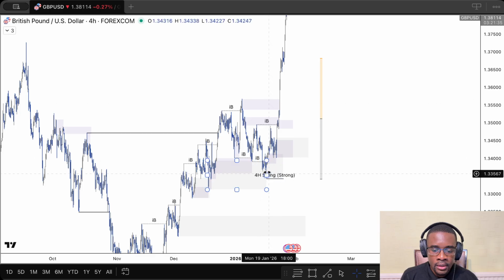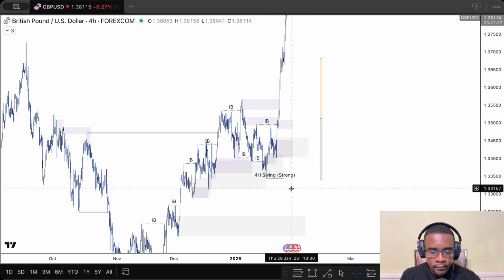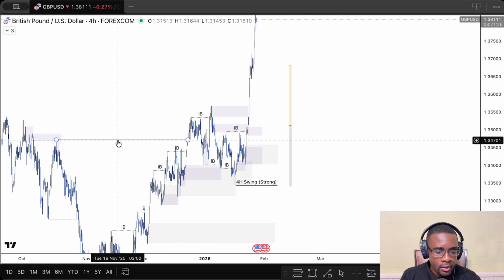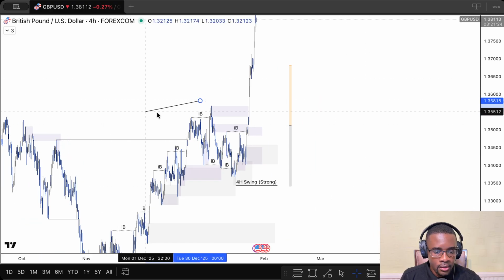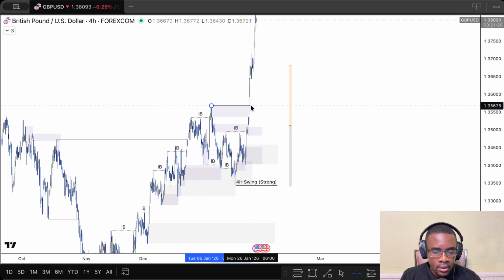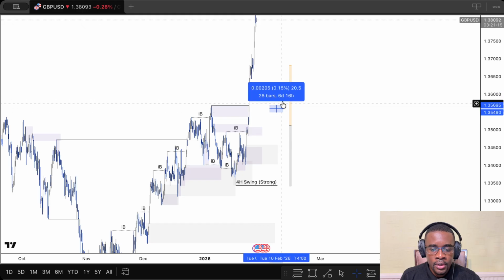That is more likely swing. So that's my swing right there, and then I'll take that, and that makes that my swing break of structure right there.